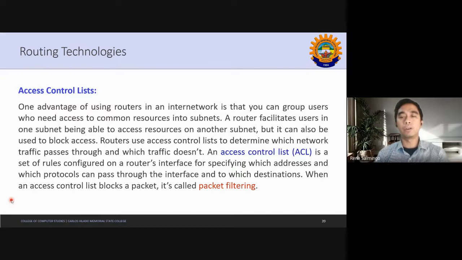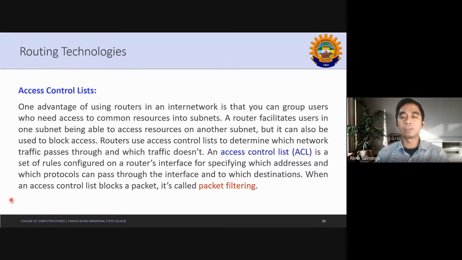A router facilitates users in one subnet being able to access resources on another subnet. But it can also be used to block access. Routers use access control lists to determine which network traffic passes through and which traffic doesn't.